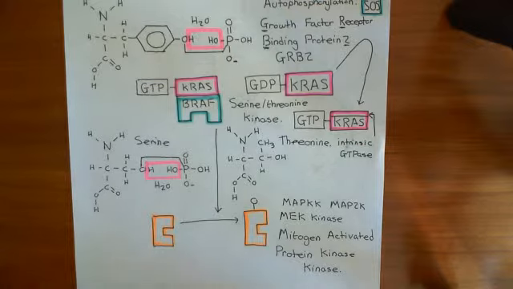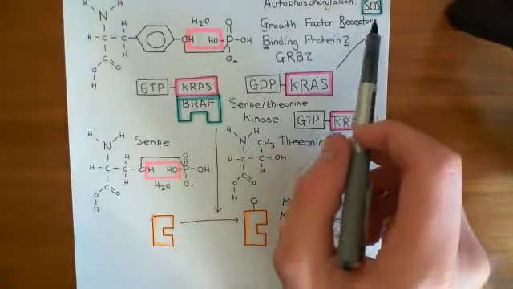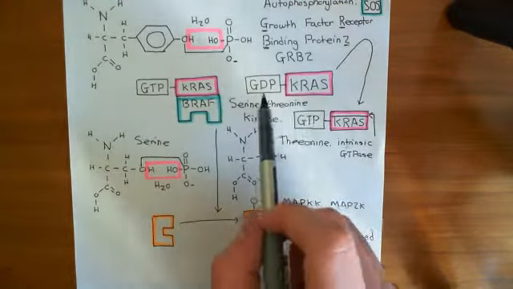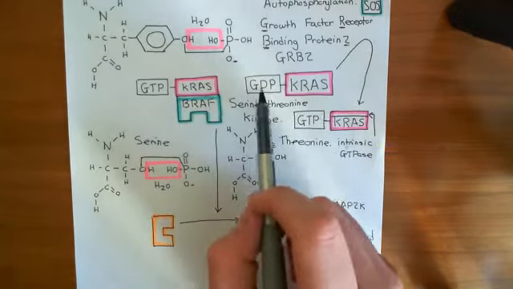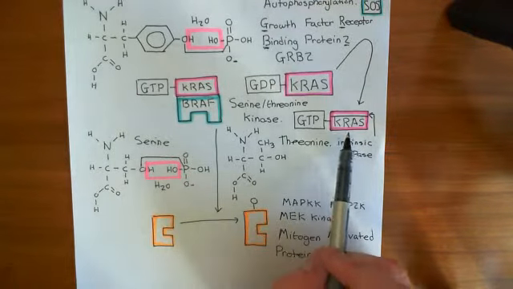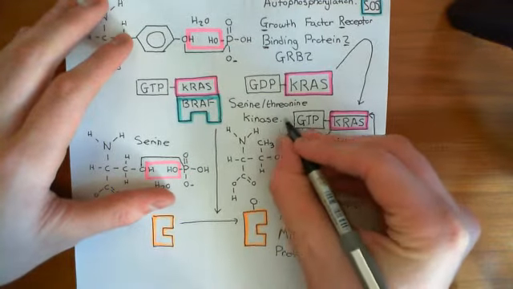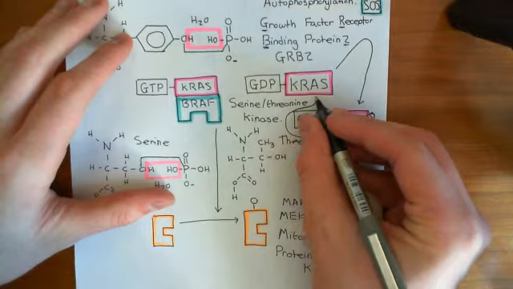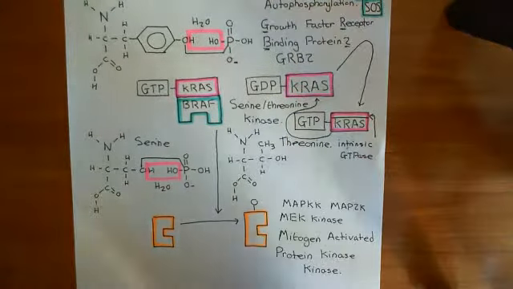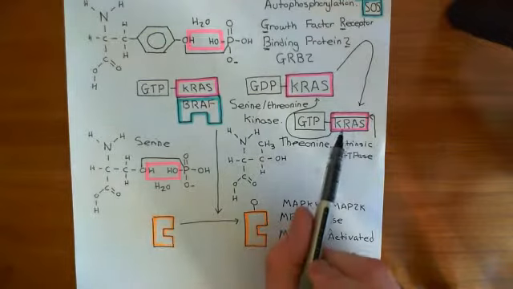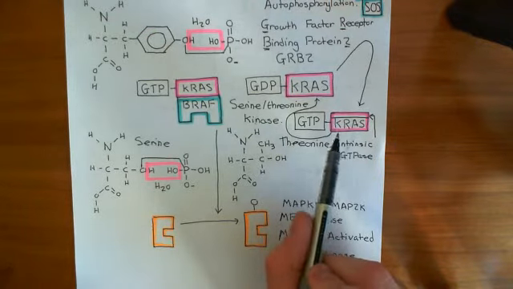So when growth factor comes along, it transiently triggers the activation of SOS, which turns KRAS in the off state into KRAS in the on state. Then, after a certain amount of time, the intrinsic GTPase returns you from the on state back to the off state. So this protein has a way of turning itself off.